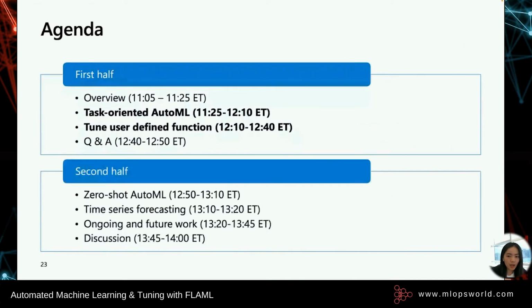Okay, next I will introduce the part about how to do AutoML and tune in FLAML. I'll share my screen. Okay, hello everyone, this is Qingyun Wu. I'm an assistant professor at Penn State University. I'm very glad to be here, and I want to hear your input on our work. In the next 17 minutes, I will introduce how to use FLAML to perform task-oriented AutoML and to tune user-defined functions.